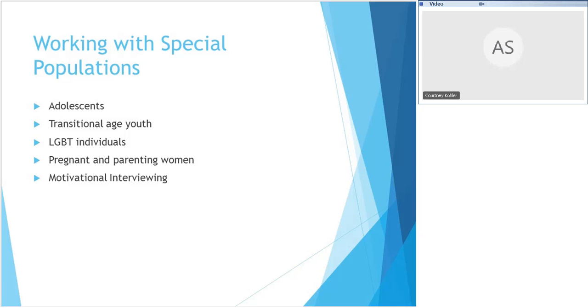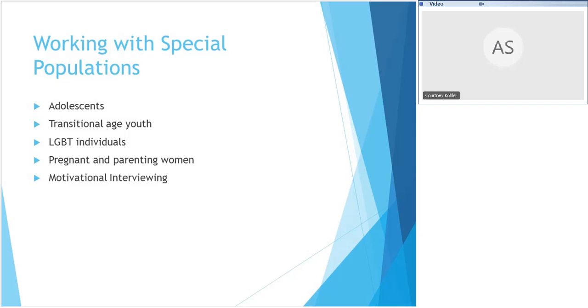And as I mentioned, mental health and SUD are constantly evolving fields. Just like the medical field, there's constant research being done, constant new interventions being reviewed and put into our evidence-based practice repertoire of services that we can offer, and lots of new terminology.